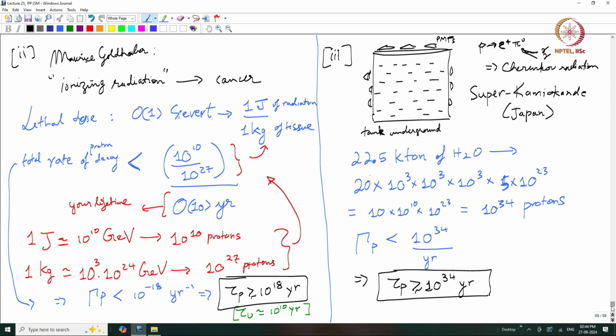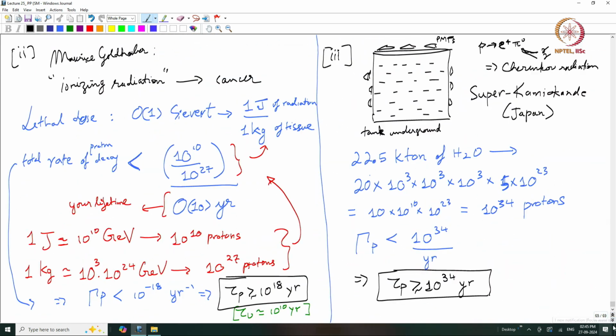The entire universe has only been around for 10 power 10 years, but we are already setting a limit of 10 power 34. Actually, it's 24 orders of magnitude farther away from where we are. But this is what we can do with these sensitive experiments, and see, we can calculate this without much effort. Just count the number of protons and look at the time that you have. Okay, so this is the other way of measuring lifetimes for long lived particles.